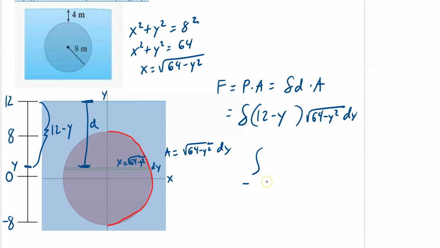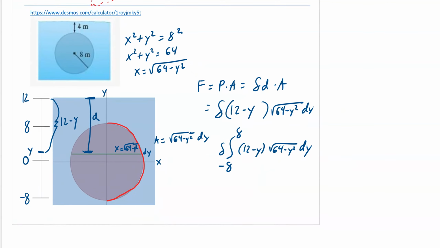So everything should work out perfect. So again, we're going from -8 to 8. And if you've already drawn your little thing here, you can already see my circle starts at -8, ends at +8. And so now we just have to plug it in. Delta times 12 minus y, square root of 64 minus y squared dy. Let's plug that in our calculator.